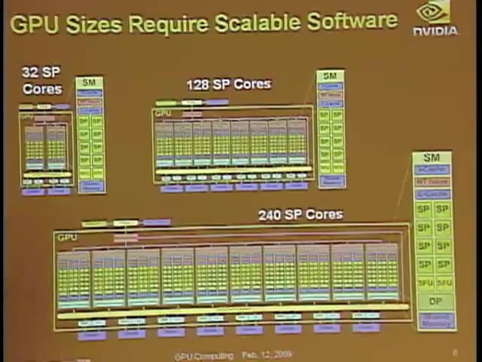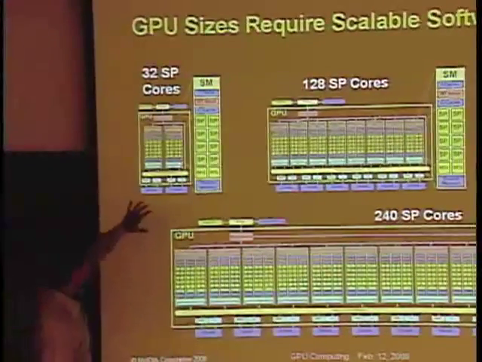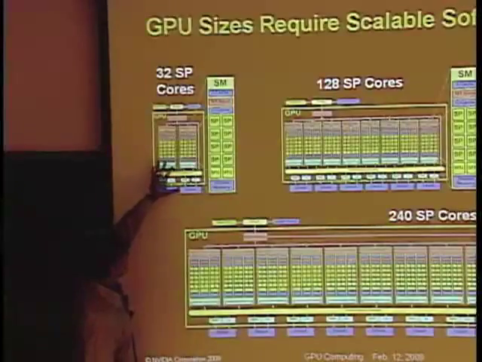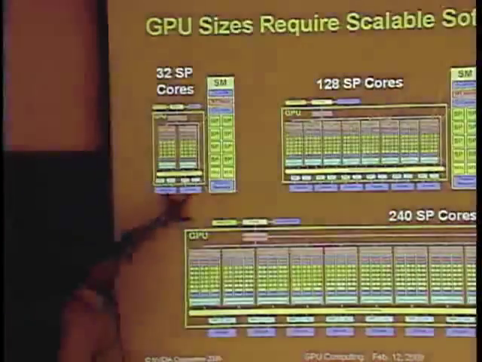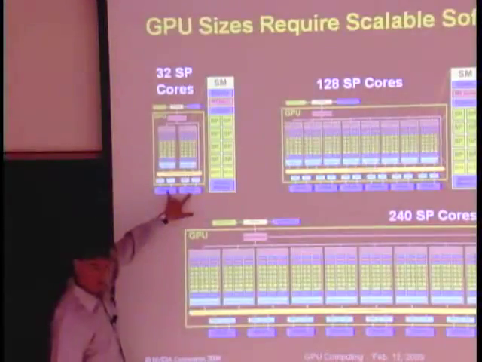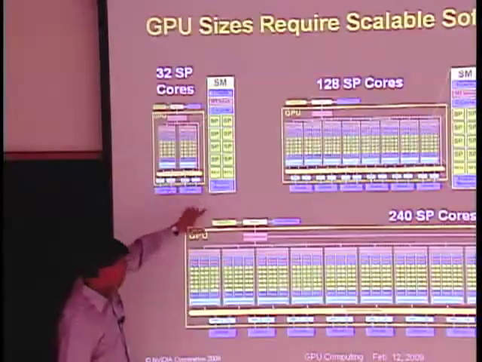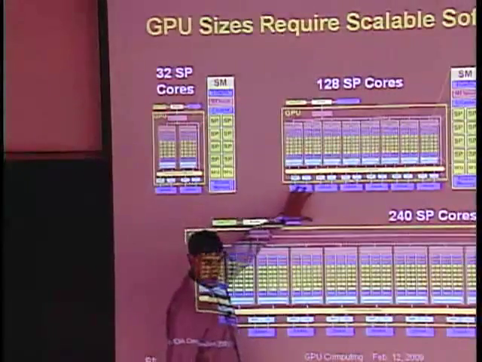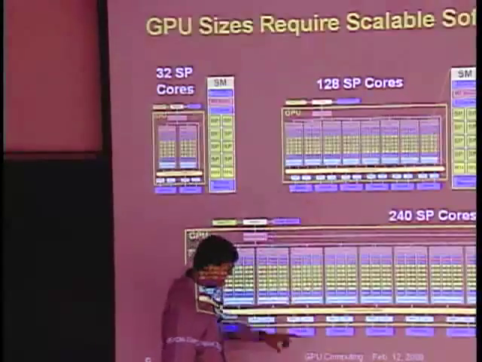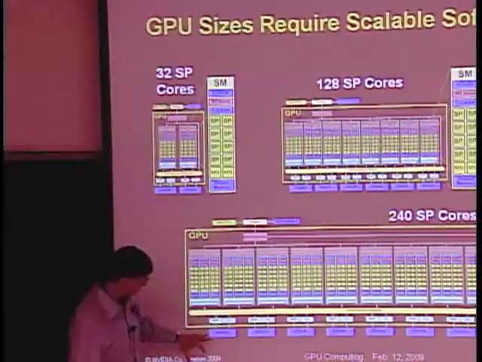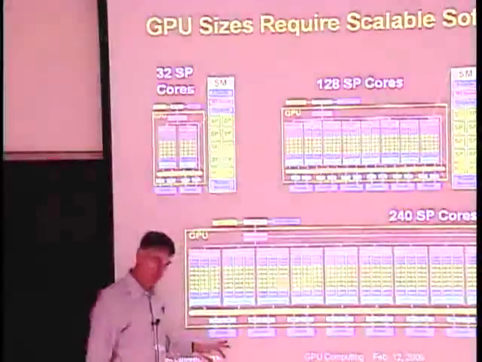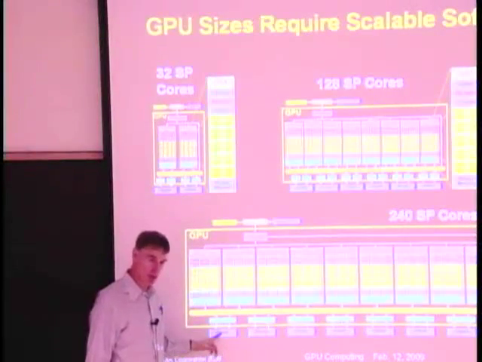Okay. So you can see here that not only are we scaling the number of processors, but we're scaling the number of DRAM components, parts, and we're scaling the number of pins out to DRAM. Okay. So on a GTX 280, for example, there are 8 separate DRAM partitions. Each partition is 64 bits wide.